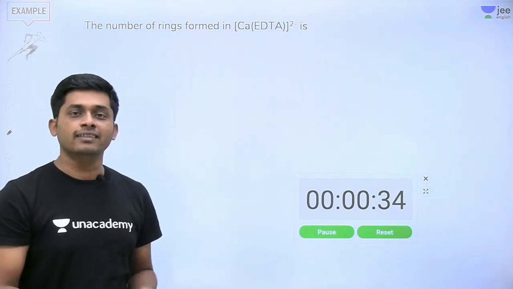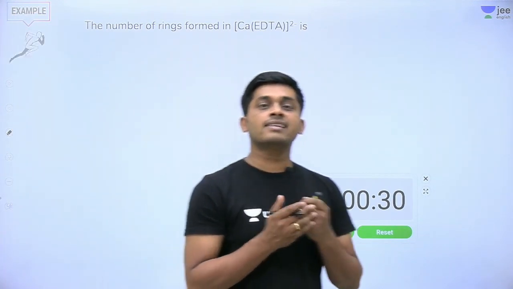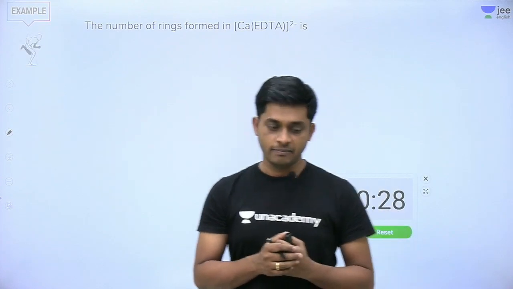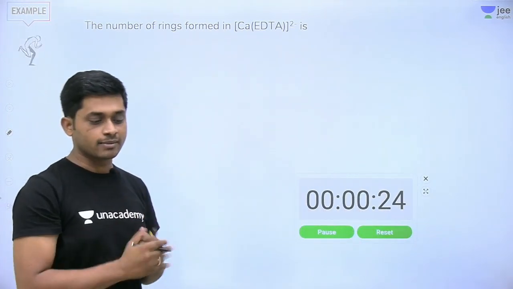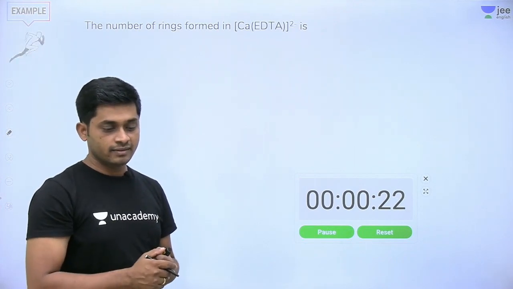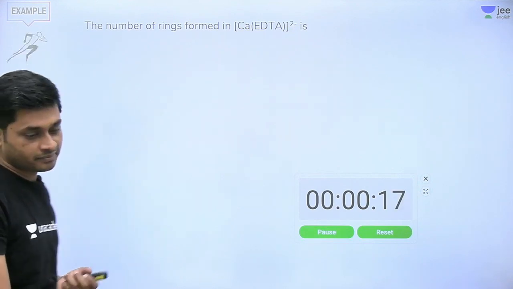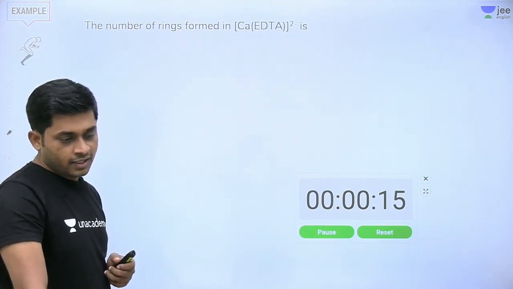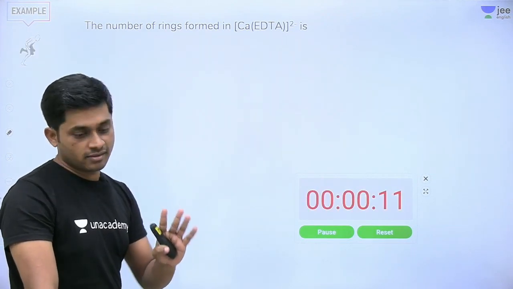You can draw that and check. EDTA is a hexadentate ligand, meaning a total of 6 donor atoms are there: 2 nitrogen donors and 4 oxygen donors.